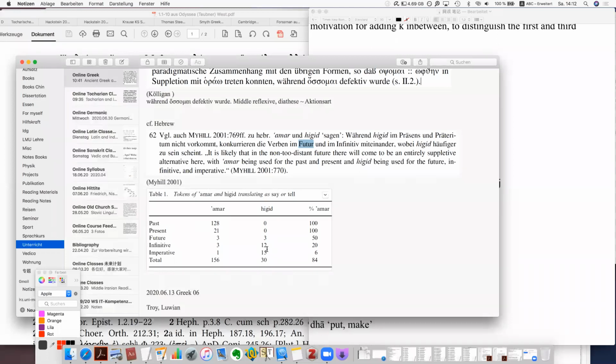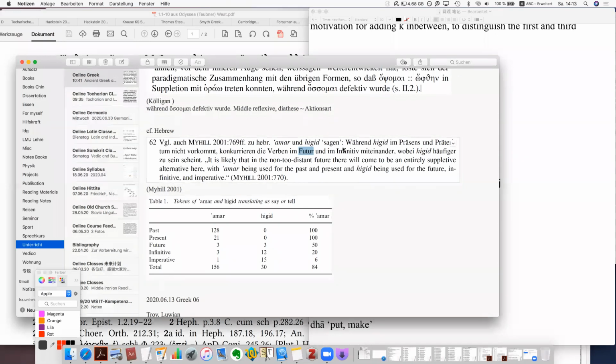But in the imperative or in the future, you use another word. I don't know if this occurs also in Finno-Ugric and African languages and other language families. But Semitic and Indo-European languages have such phenomena.